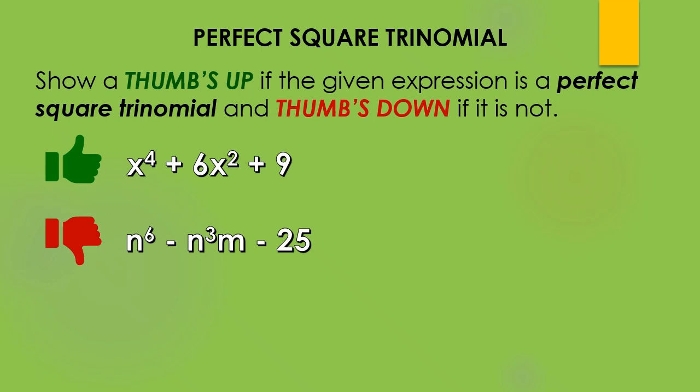Because, as you can see, although the first term and the last term are perfect square terms, the middle term here is not twice the product of their roots. So this expression cannot be called a perfect square trinomial. Remember, in order to say that the entire expression is a perfect square trinomial, the middle term must be twice the product of the roots of the first term and the last term.